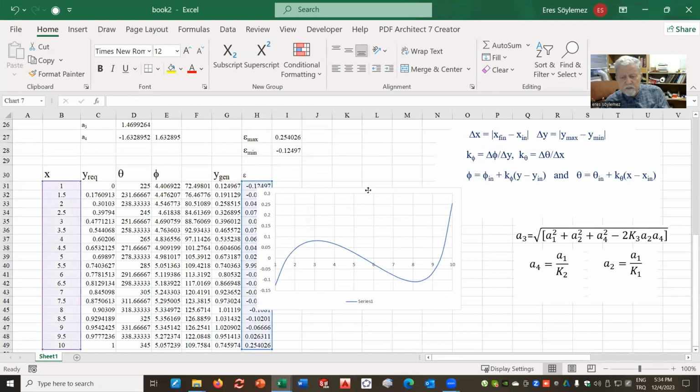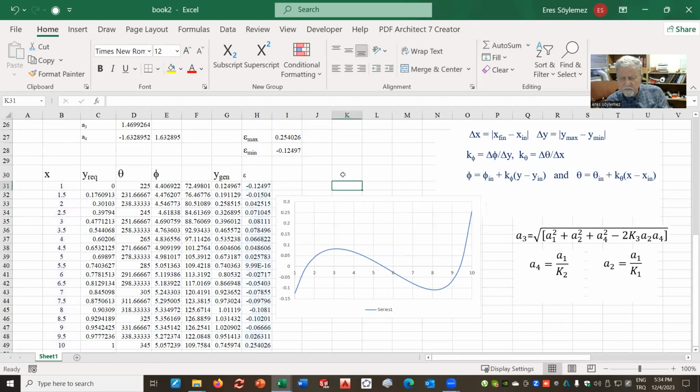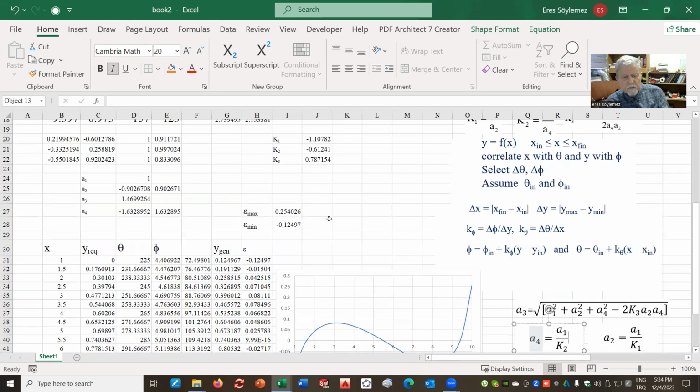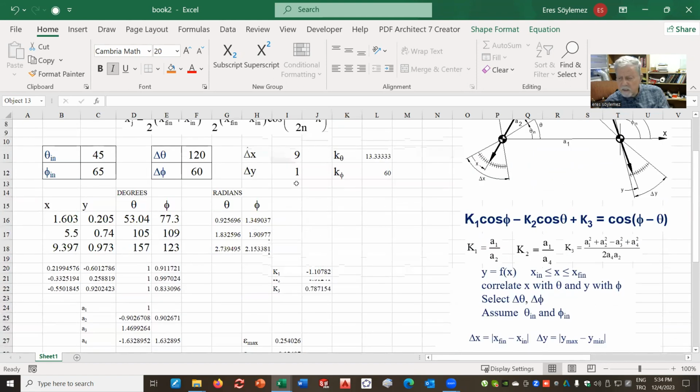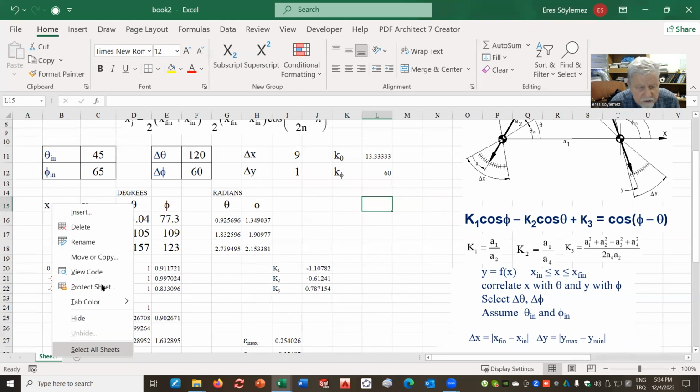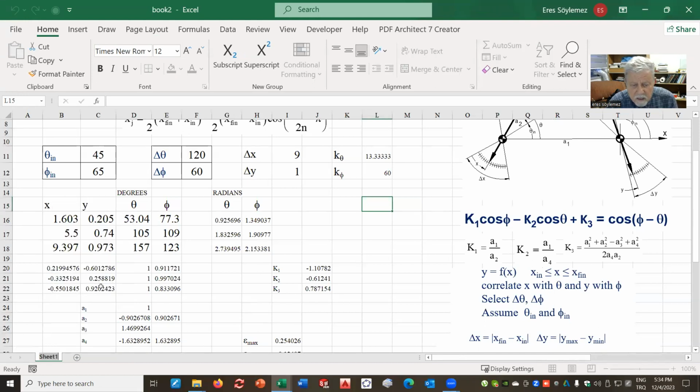This is 3-point synthesis. I have selected 3 precision points. Now what I'm going to do is, what if I use theta initial or phi initial as an initial guess? What I will do is, first let me rename this cell. 3 precision points. That sheet is named as 3 precision points.